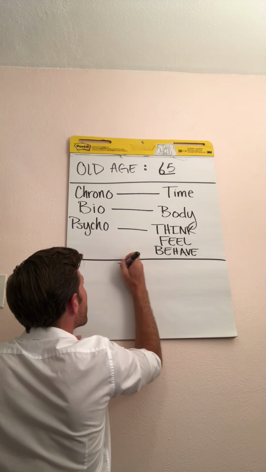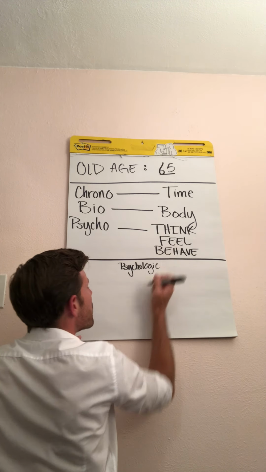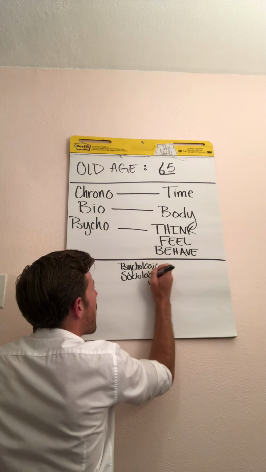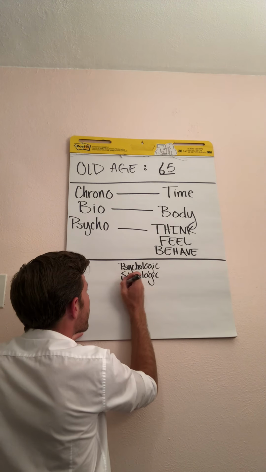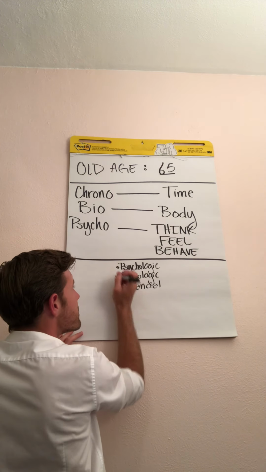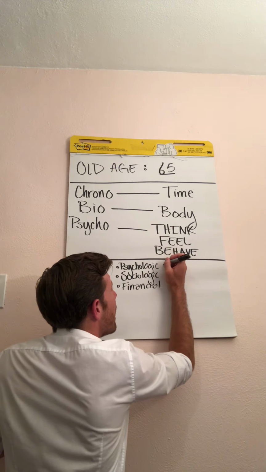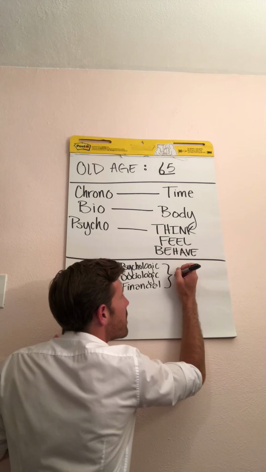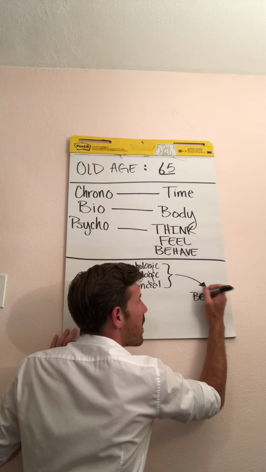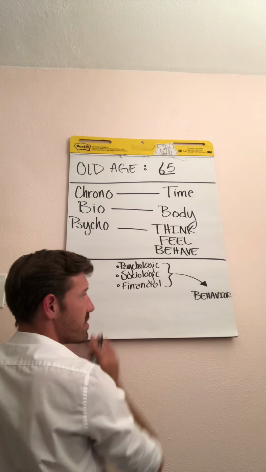So they say, based upon these three things, psychological, sociologic, and financial standing, a person as they age will have a behavior that changes if one of these changes.